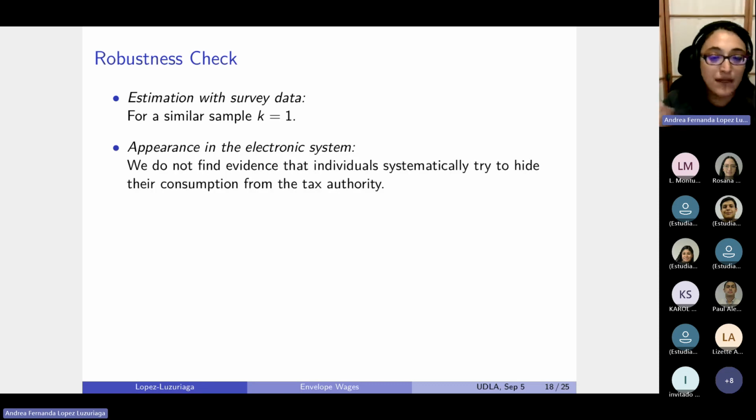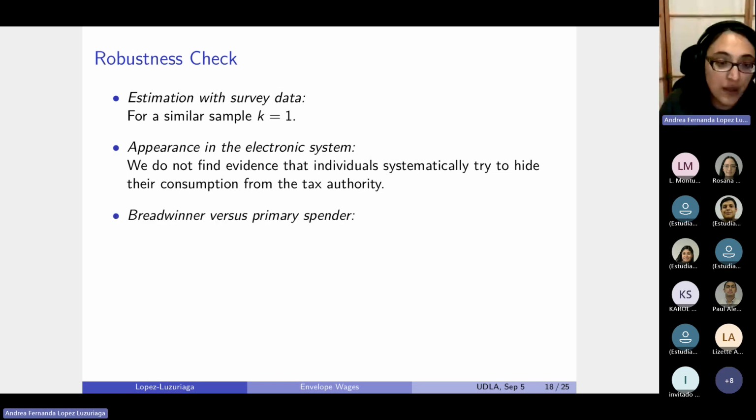But we don't find any evidence of that. We don't see that public sector employees are more likely to go to a formal grocery store while private sector employees are more likely to go to a farmer's market. So there are no systematic differences in the probability of showing up as having bought something through the electronic system.